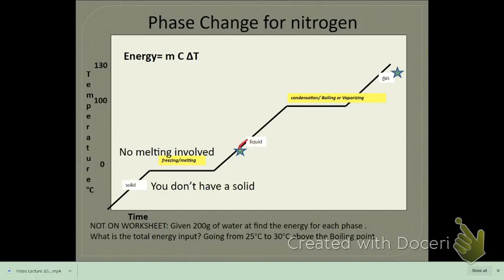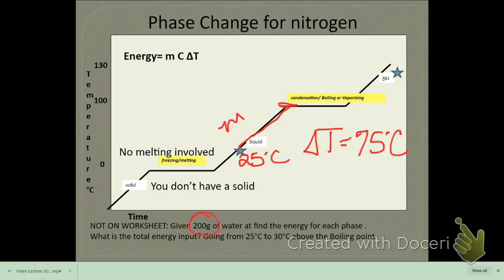Well, if this is starting at 25, then I do have 25 degrees here. And I know boiling point is at 100, so my delta T is going to be 100 minus 25, which is 75 degrees Celsius. So now I've got a temperature change. I've got a mass. I've got a specific heat, which you guys should know by heart, and I've got a temperature change, so I can calculate that out.